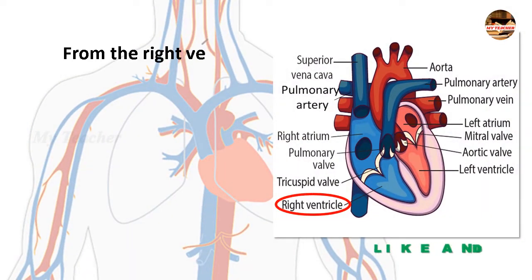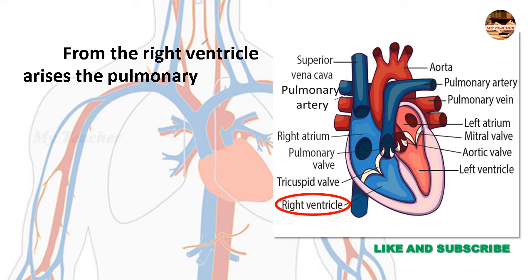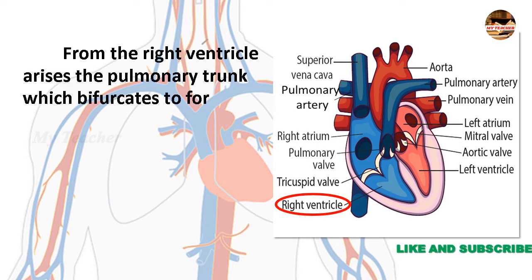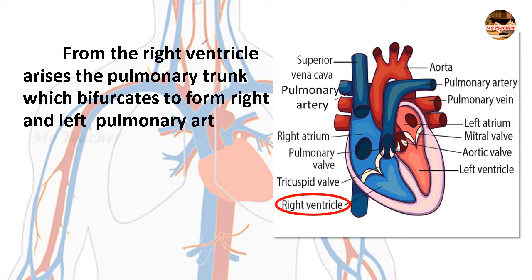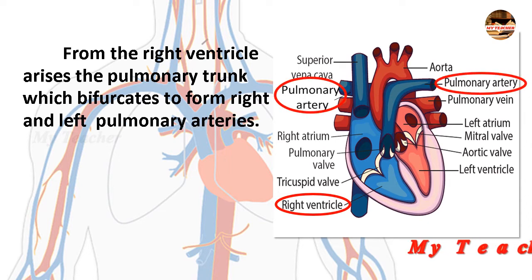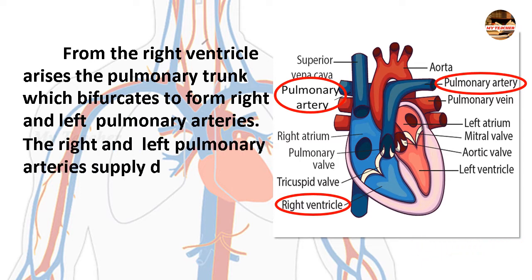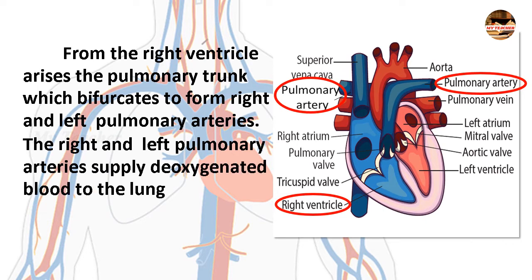From the right ventricle arises the pulmonary trunk, which bifurcates, that is, divides to form right and left pulmonary arteries. Where is this blood carried to? The right and left pulmonary arteries supply deoxygenated blood to the lungs of the respective side.